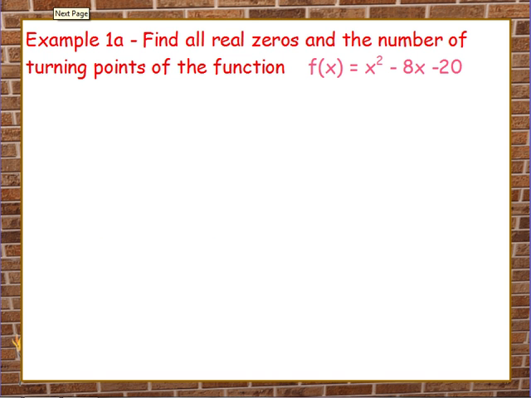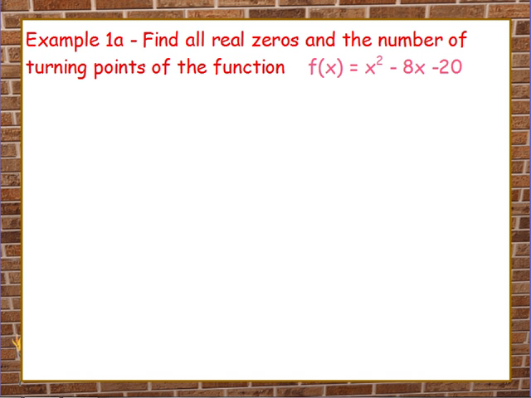All right, so here we go. This time I want us to find all the real zeros and the number of turning points of the function. So find all the real zeros. What am I really asking you to do?